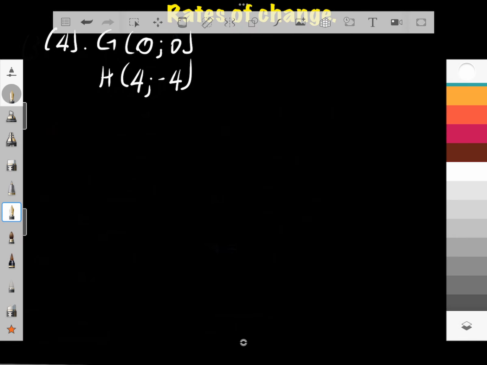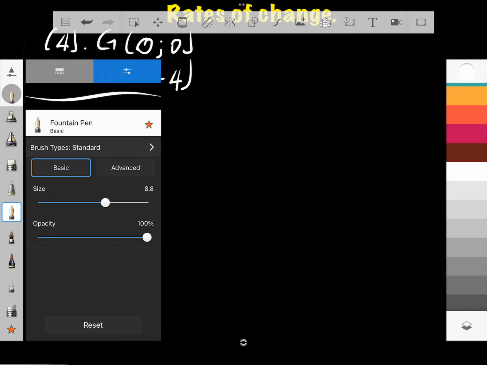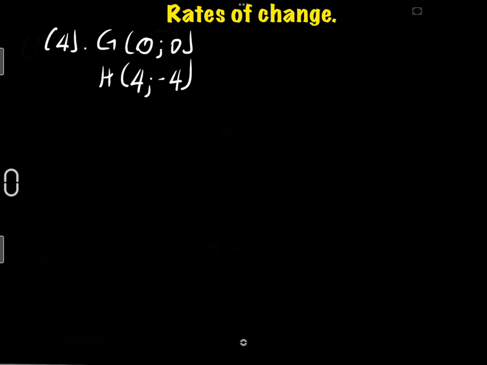So by calculations, we devise our formula: change in y over the change in x. m is equal to, by substitution, we can start with H again.